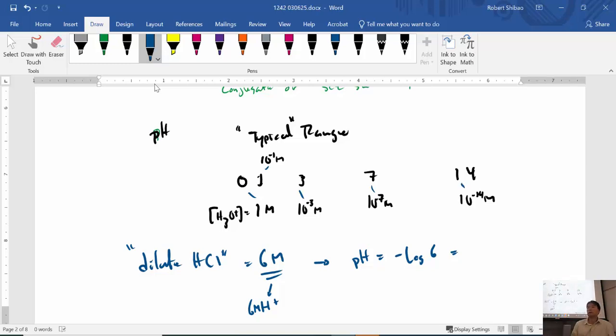What is it? Negative 0.77, thanks. So 6 molar HCl should be negative 0.77. What about concentrated HCl? Do you know what concentrated HCl is? Concentrated nitric is 15, 16. Concentrated HCl is like, what is it, 18 molar? 18 molar.